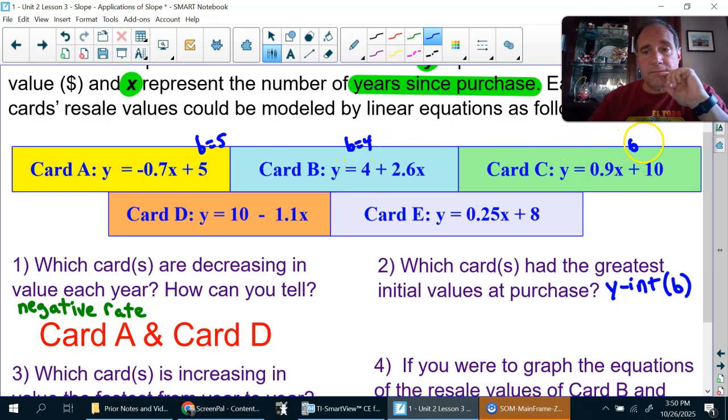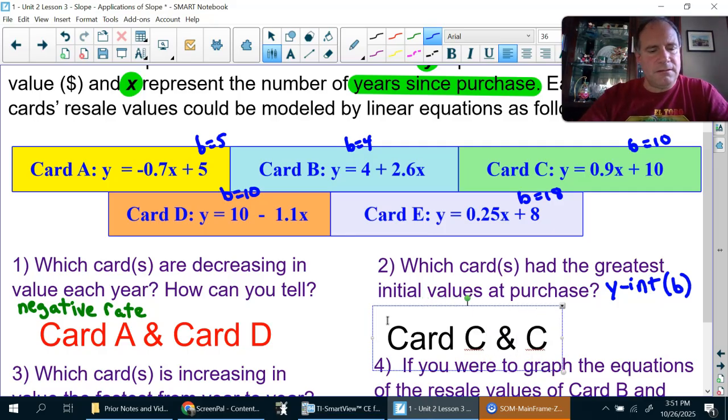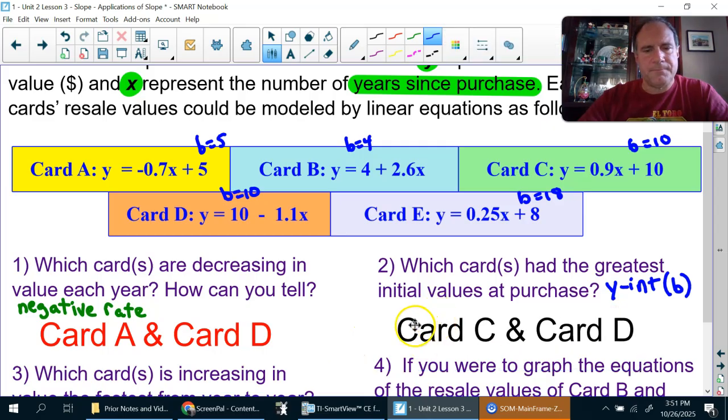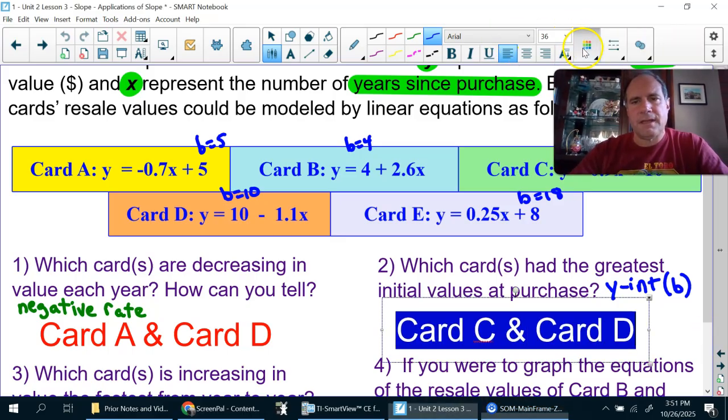B equals 10. B equals 8. And B equals 10. So we're going to say card C and card D. C is 10 and D is 10. And that is it for that question.